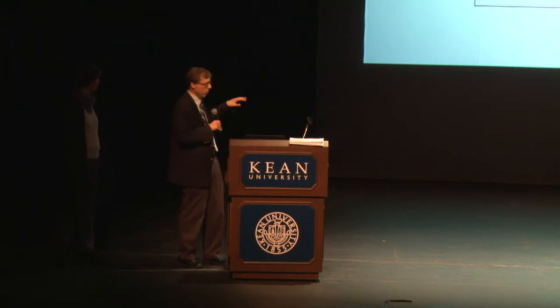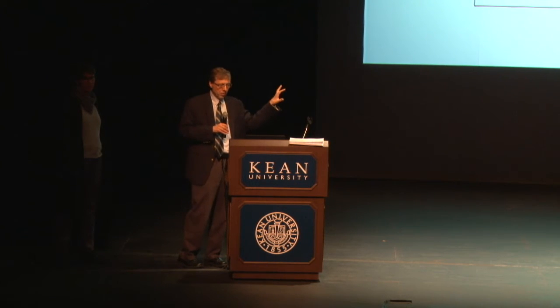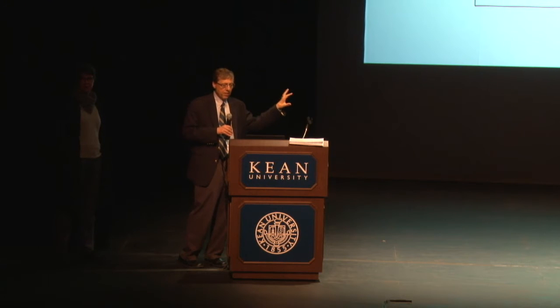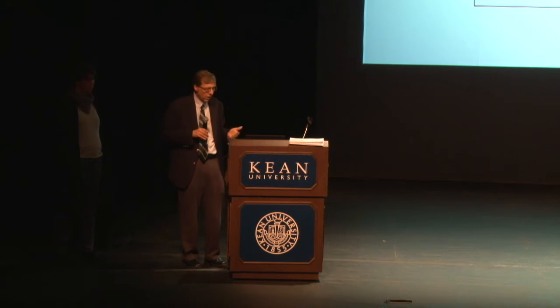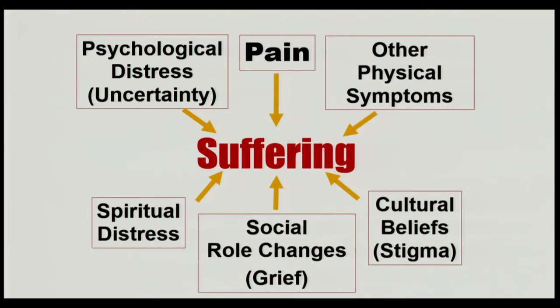Well, this is just a schematic of the problem, but you can see that there are many, many things that contribute to suffering for people with advanced illness. So there's psychological distress, there's tremendous uncertainty, from treatment efficacy to whether symptom relief will be obtained.